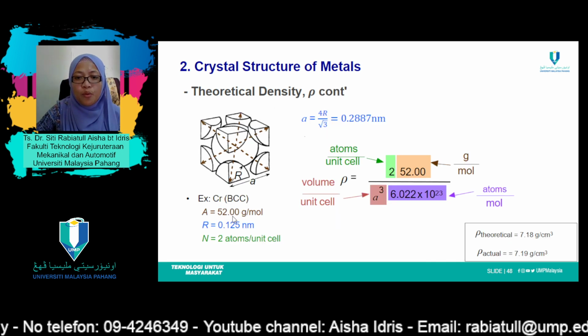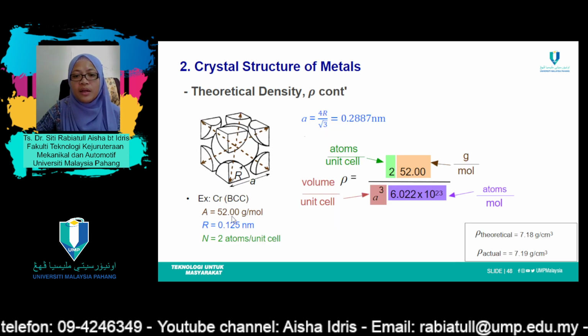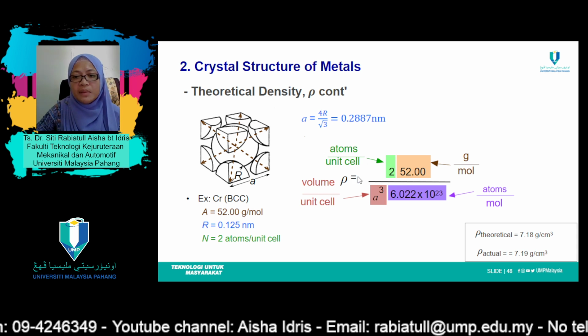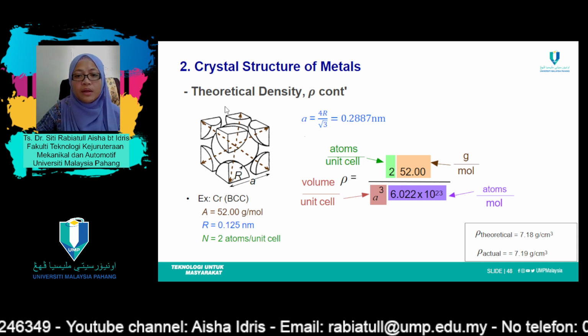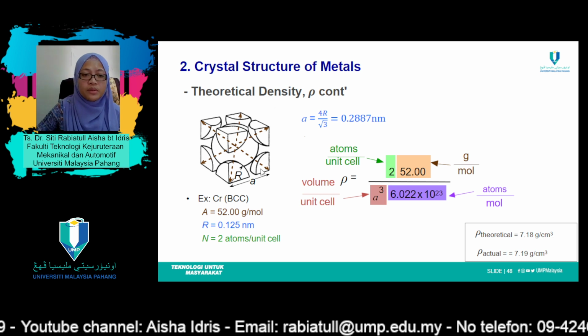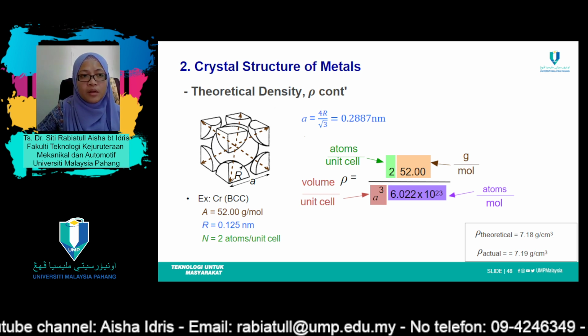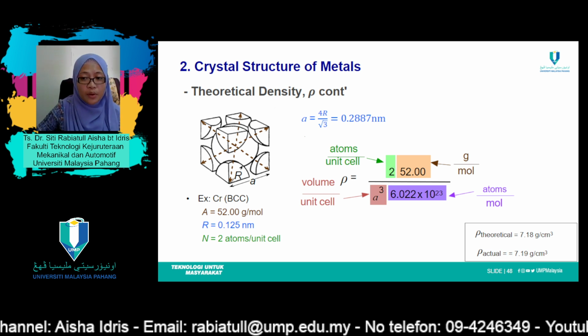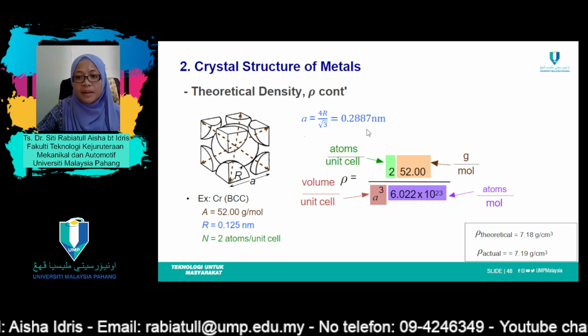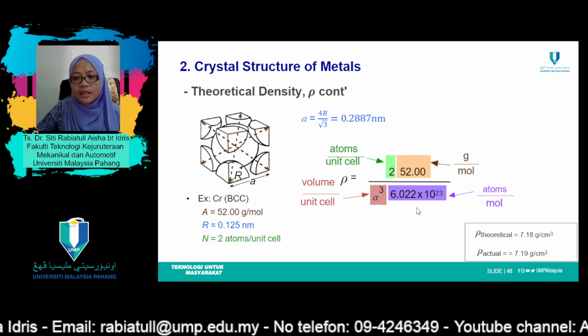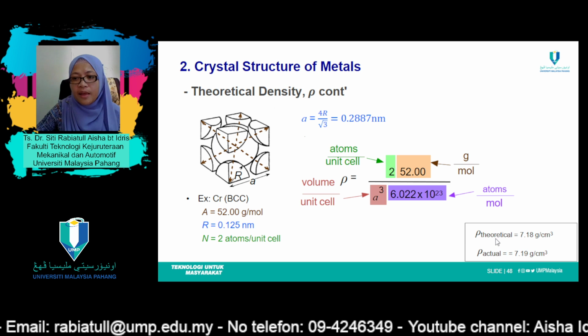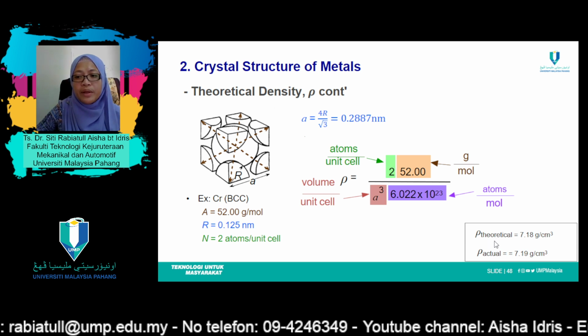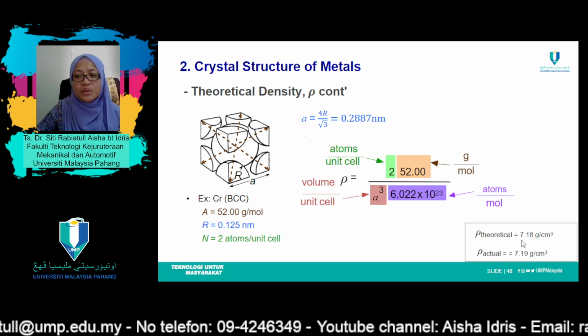The atomic weight is given, and then you just need to multiply by the atoms per unit cell, because BCC has two atoms.